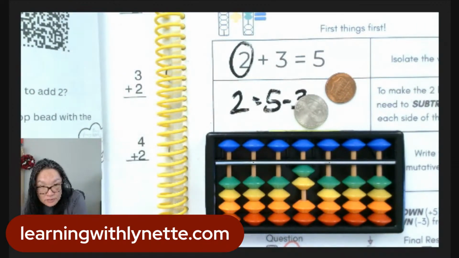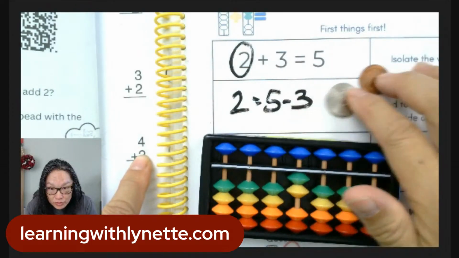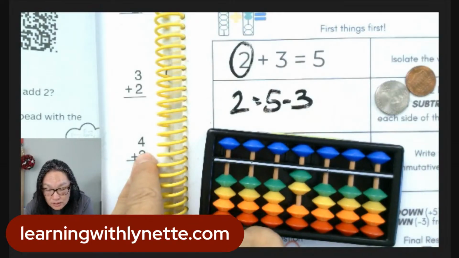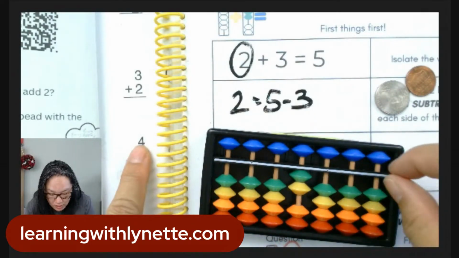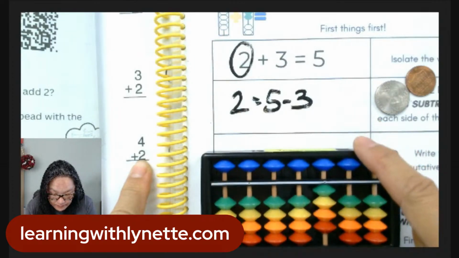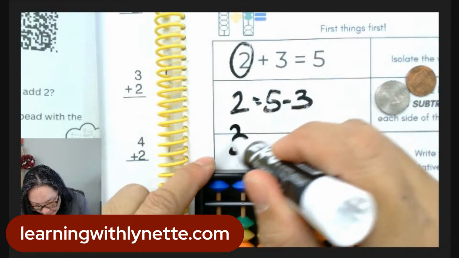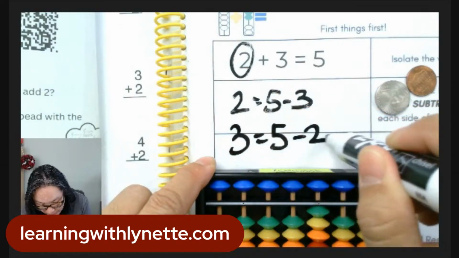That's it. Do you get the same answer either way? No, you don't. You do not get the same answer because this is 6. If we did 4 plus 3, it'd be 7, right? So if I did that, it'd be 3 is equal to 5 minus 2.